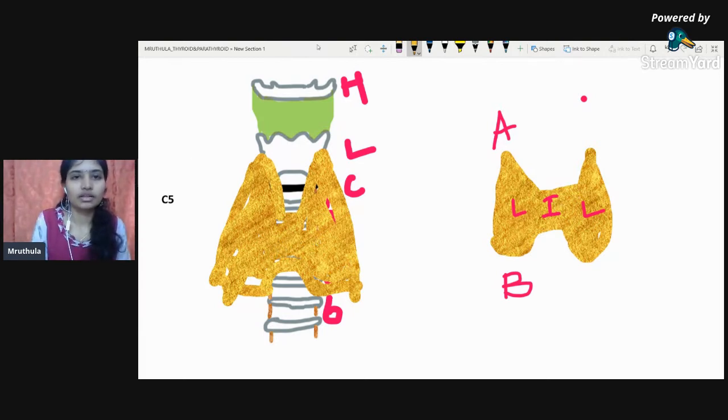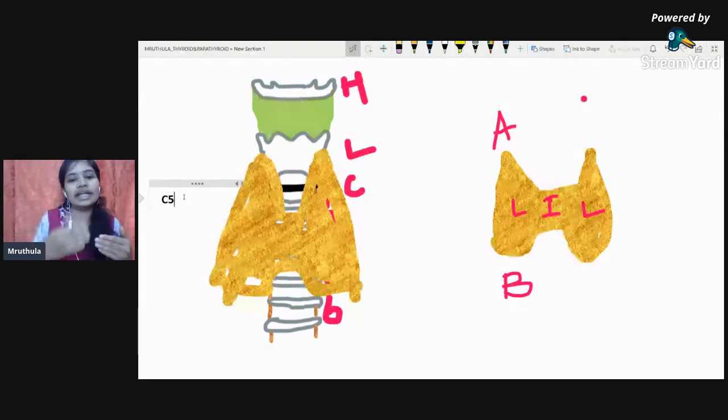Now you know the basic parts of thyroid gland, and you also know the extent. What we saw right now is the anterior extent, with respect to the laryngeal cartilage and the tracheal rings. But on the posterior aspect, the thyroid gland is located clasping the trachea, extending from anterior, going laterally to the posterior aspect.